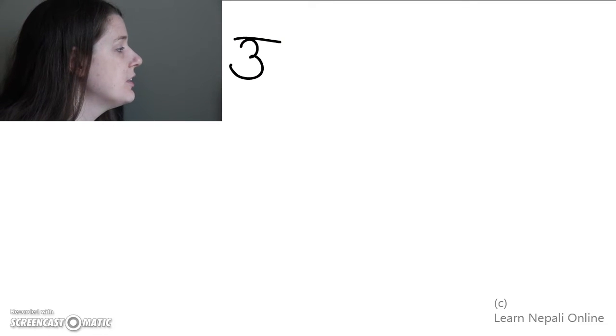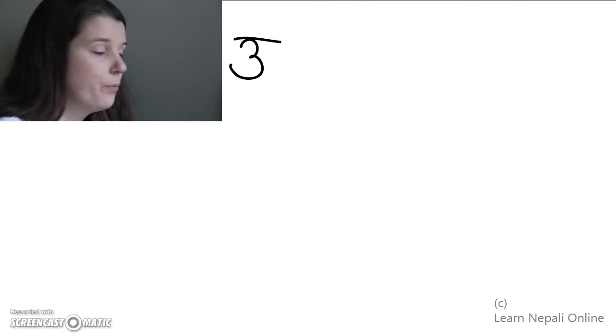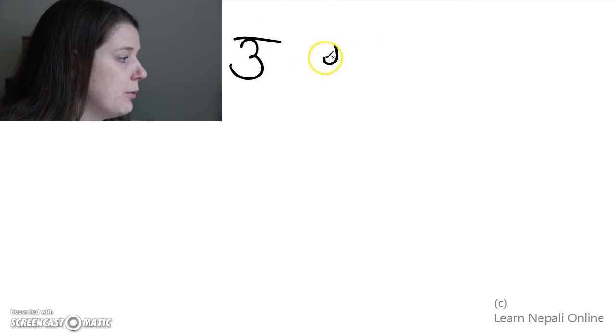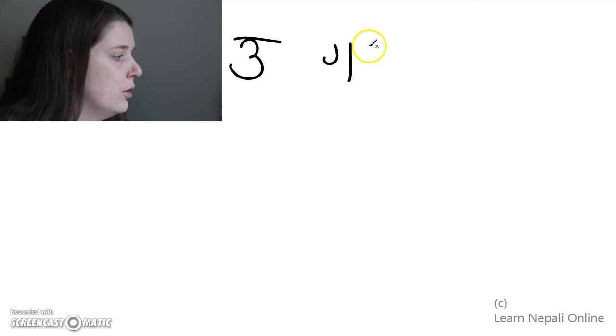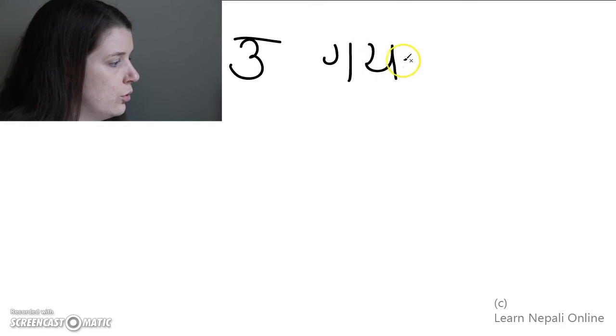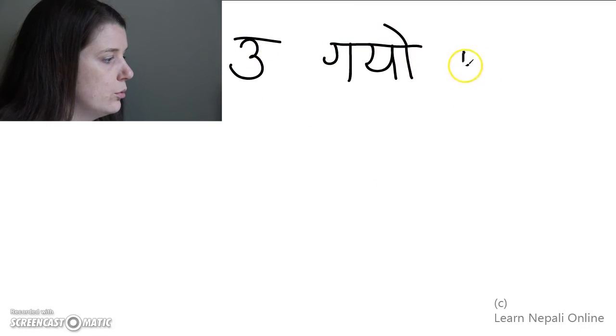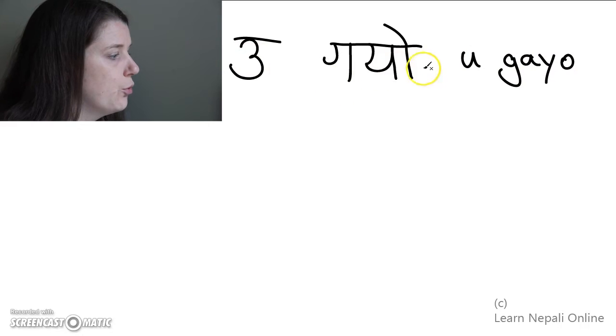So, he went is u gayo. So u stays the same, and then we have gayo. U gayo. So he went.